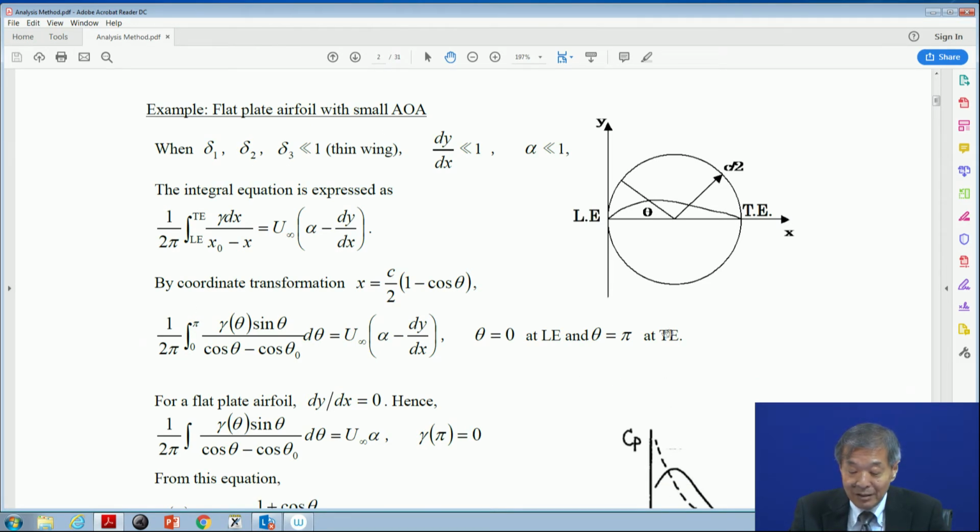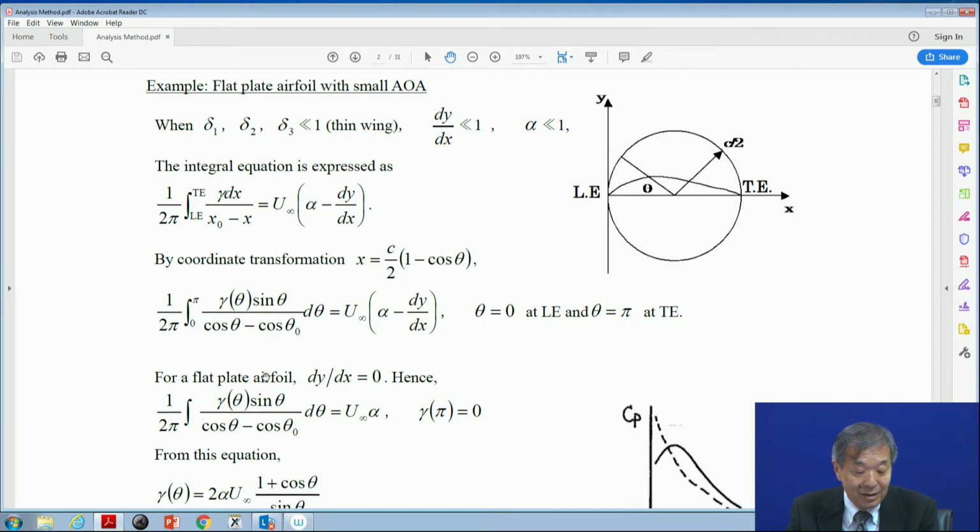At the trailing edge, theta equals pi, and at the leading edge, theta is 0. So the integral is executed from 0 to pi. And we are using a flat plate airfoil, so dy/dx equals 0, and this one is 0.